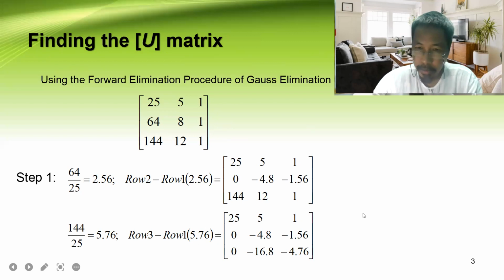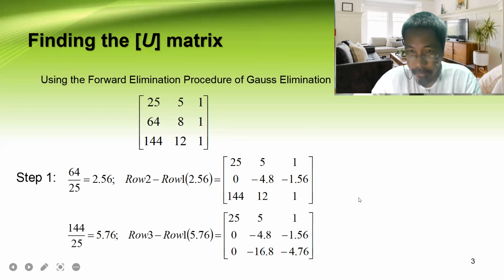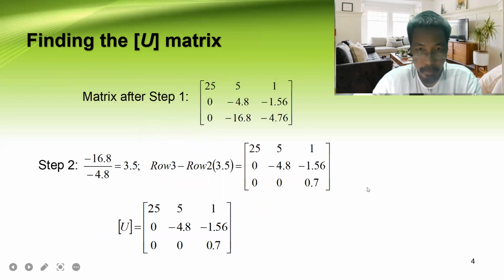So we can have the following upper. Not yet. We need another one here. So let us find that value. After step 1, we have this, and we have to target this. So let us use row 2 in order to eliminate this one. Therefore, we need row 3.